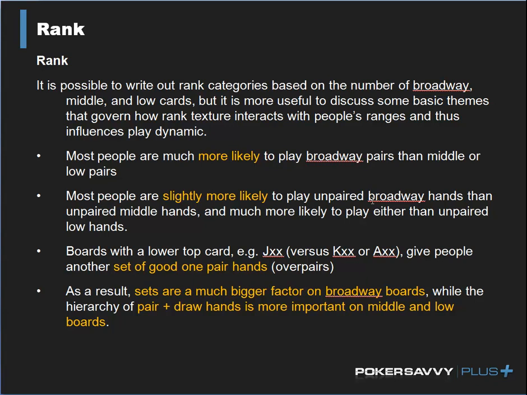And even on a rainbow board without that many straight draws, like Jack 8 2 rainbow or 10 7 2 rainbow, it's still the case that the nuts is a combination that not many hands have a lot of equity against, relatively speaking, compared to the really wet boards. But the nuts is out there less often, and so in terms of the amount of action that people could be willing to put in with medium strength hands, there's a ton of pair plus draw combinations that can be more aggressive because they aren't worried about being up against a lot of sets, and that makes these boards play a little bit more dynamically.